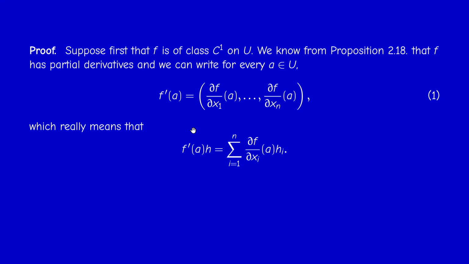And this means that when I evaluate the Frechet derivative at A in the direction H, this is an element in F. This element is the sum, a kind of dot product, if you like, between this vector and the vector whose components are H_i, which is H. Now, each component is not necessarily a number.